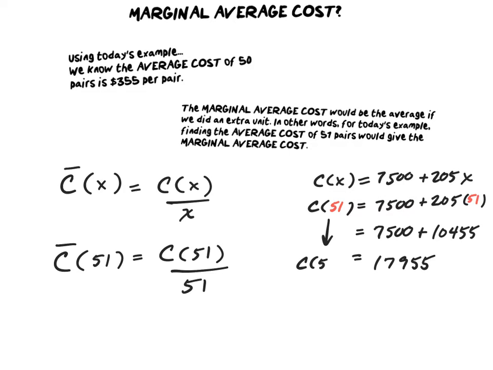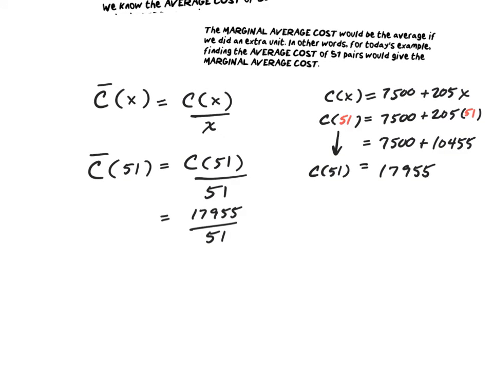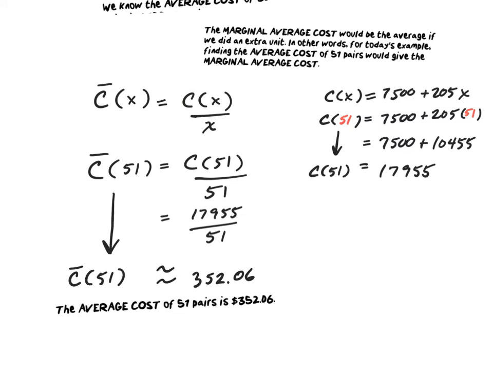So the cost of 51 pairs of production is $17,955. Now let's go back and calculate this. If I divide that by 51, that gives me an average cost of $352.06. This is the average cost for 51 pairs of sneakers.